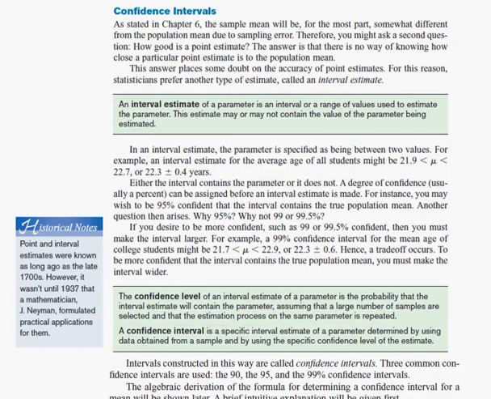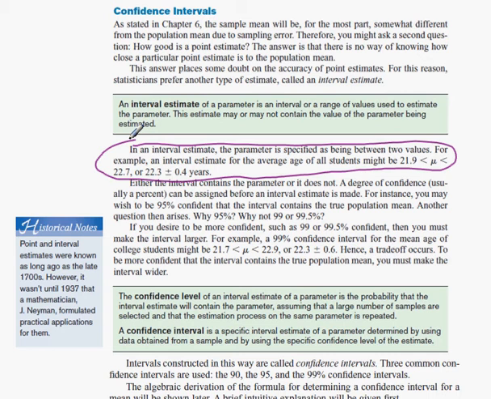Next, we're also going to be thinking about interval estimates, which means that we're going to be looking at a range of numbers. Down here in this paragraph, it explains that you could find that the population mean is between 20.9 and 22.7.